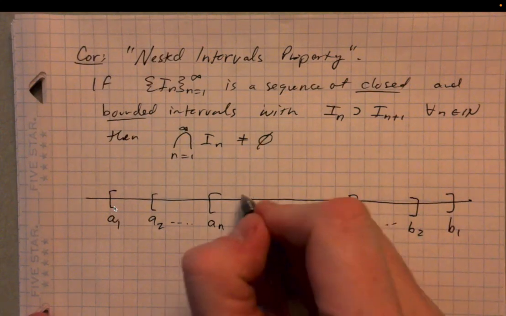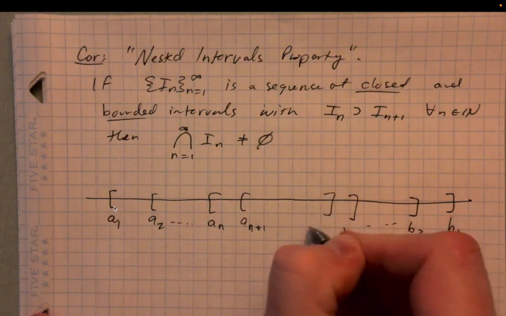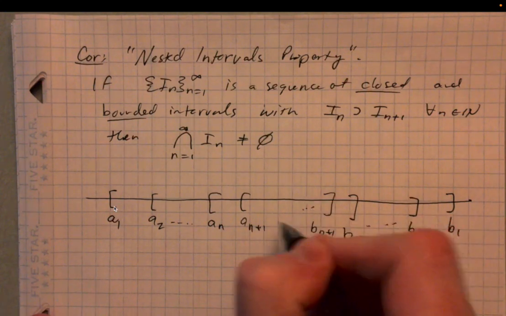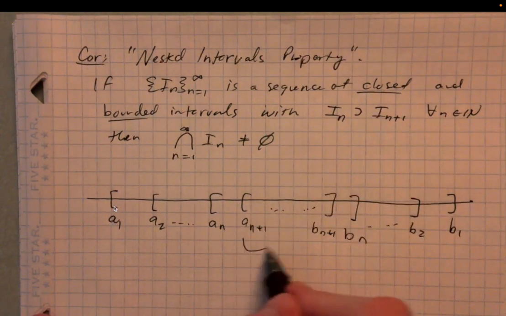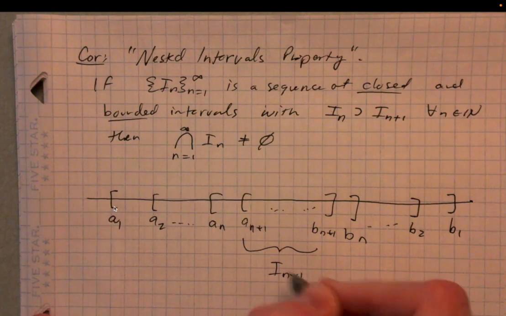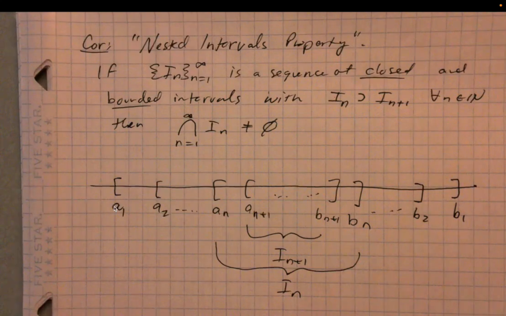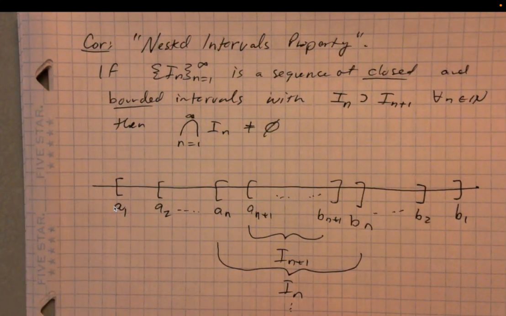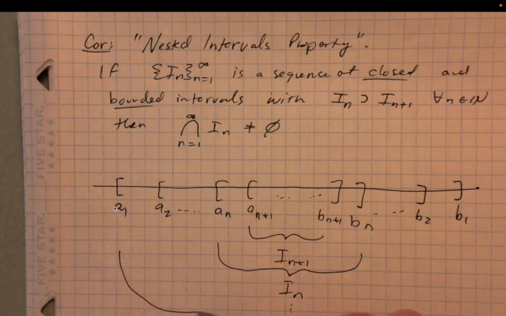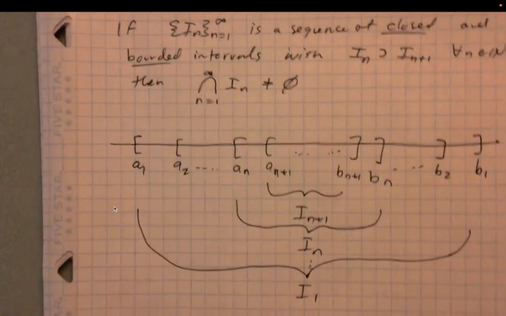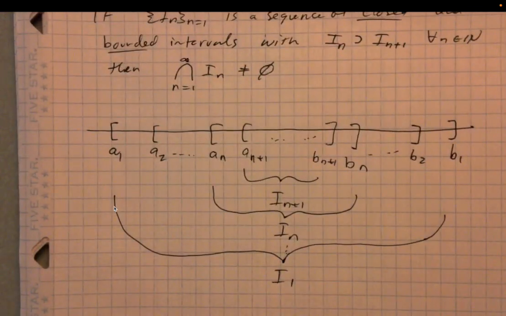This would be I sub n plus 1, this would be I sub n, and so on. I sub 1 would be the whole thing that I've drawn here. So these are all nested. And it doesn't have to be symmetrically nested like this. We'll see an example after the proof of the theorem where one of the endpoints is fixed and the other side just kind of comes down. But this is all we mean.